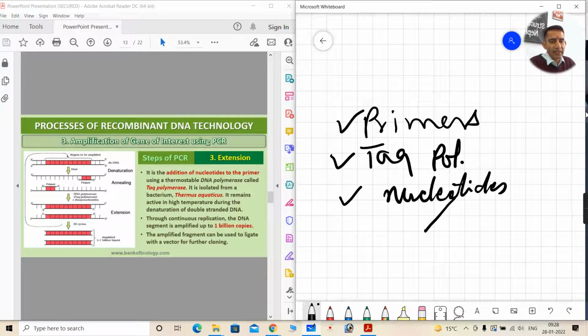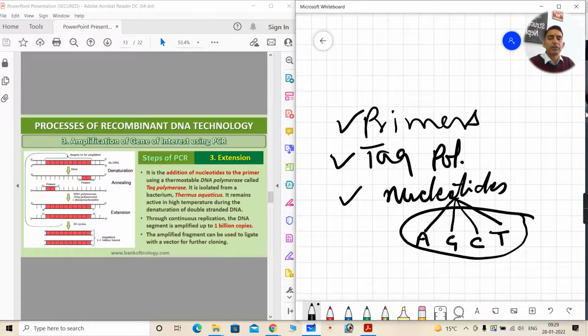Four types of nucleotides are there: adenosine triphosphate, guanosine triphosphate, cytosine triphosphate, and thymidine triphosphate. These four we will be adding in large numbers. Actually these are nucleotides, not bases.